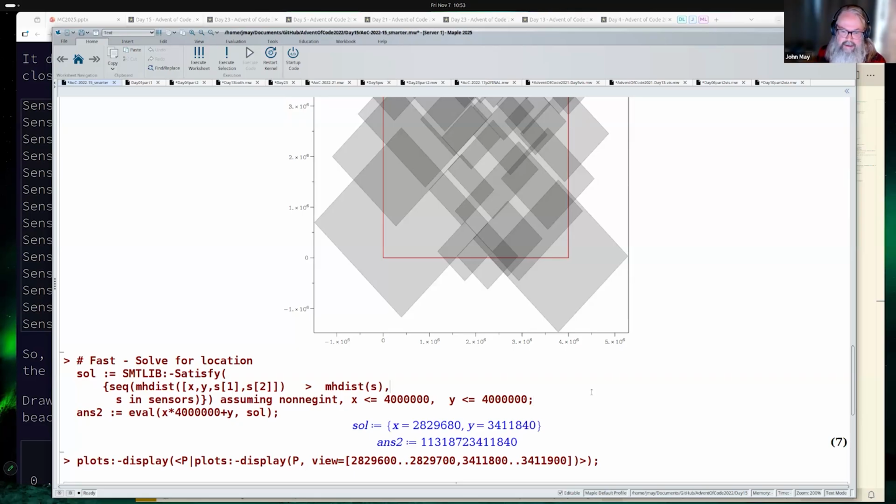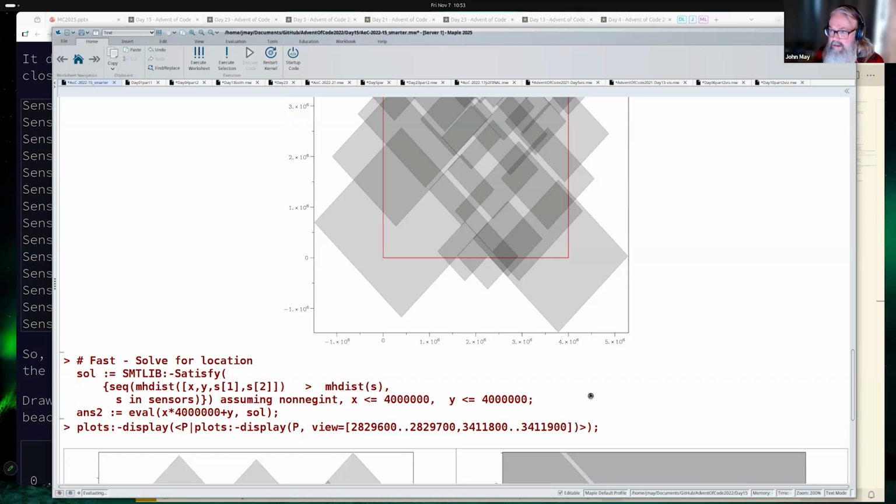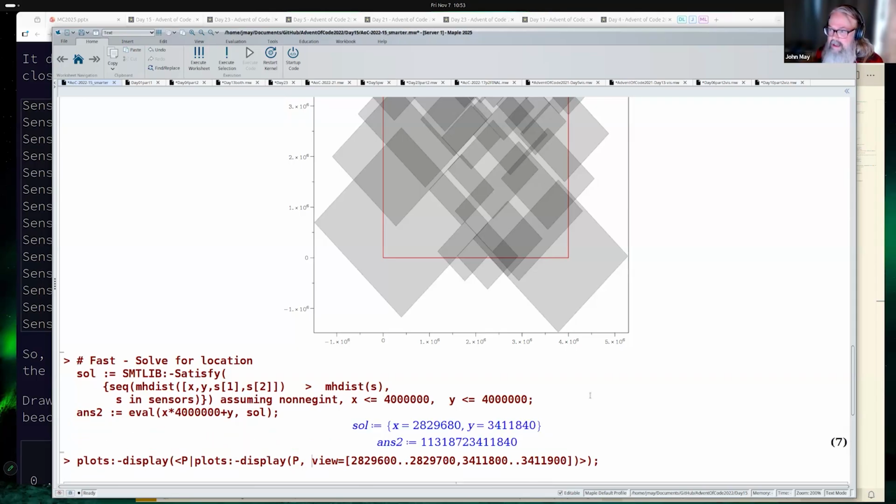And I'm going to solve this with a SAT solver. So Maple has the SMT-LIB. I always get T and M mixed up, which is SAT solver. It's extremely fast. You can't use iSolve here because iSolve doesn't support inequalities.